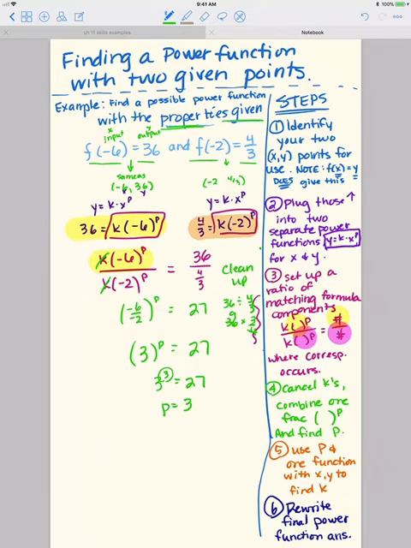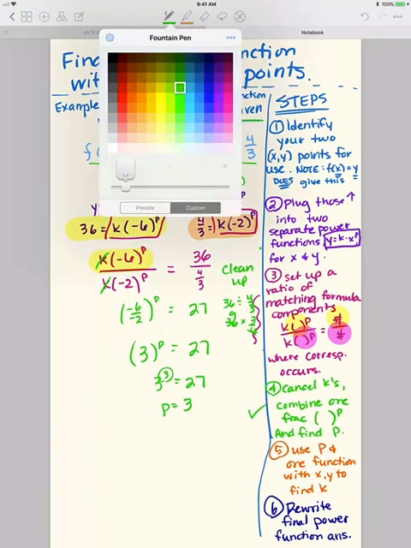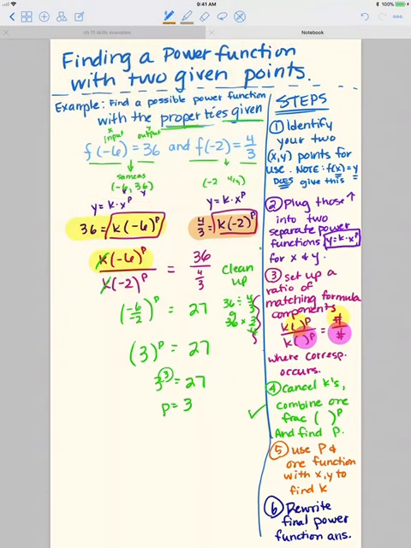So once we found p, we'll use that p value and plug it back into either one of the equations, the power functions that we made before. I'm going to just use the first one, frankly, because it doesn't have a fraction in it, and put 36 equals k times -6 to the 3rd power.